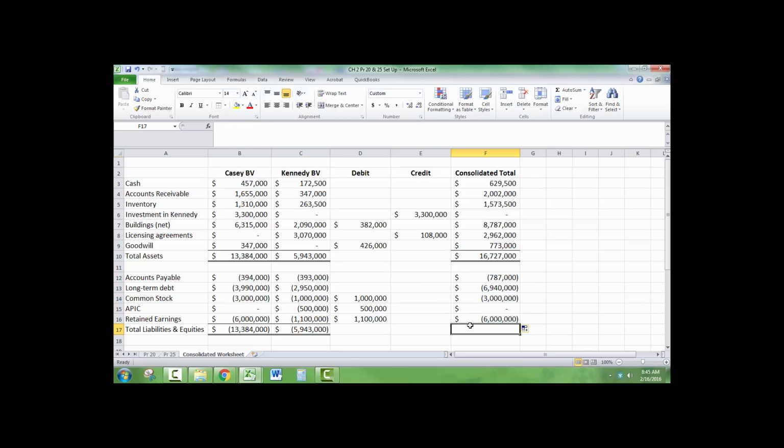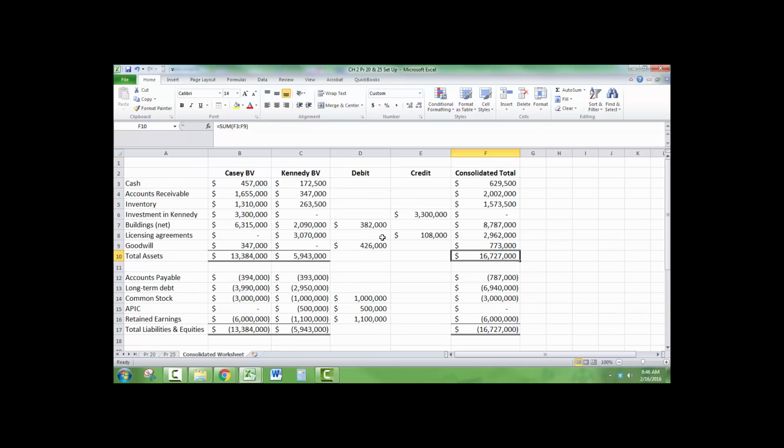So when we see common stock on the bottom, it should only be the parent's common stock, the parent's additional paid-in capital, and the parent's retained earnings. So now I'm going to sum this up, and we should have a balance sheet that balances. If we didn't have a balance sheet that balances, we'd go back and check our consolidation entries or potentially our starting balances if we personally adjusted them.